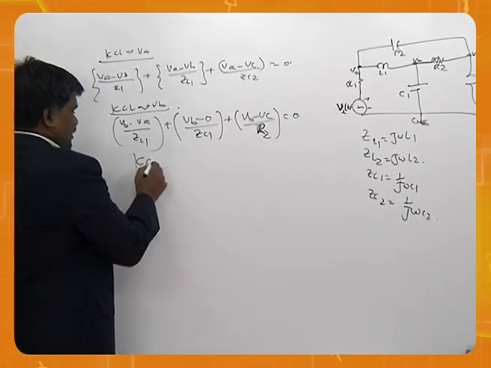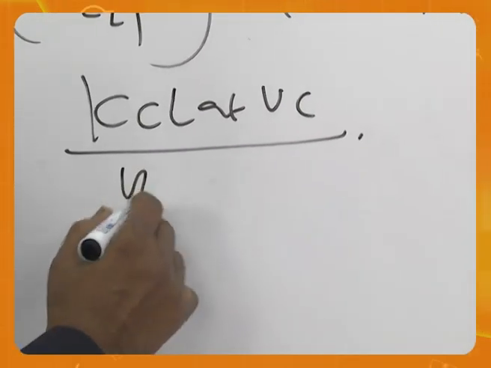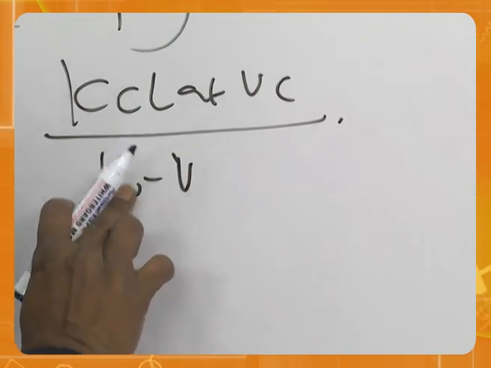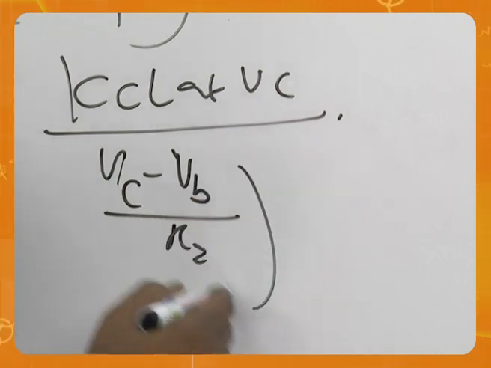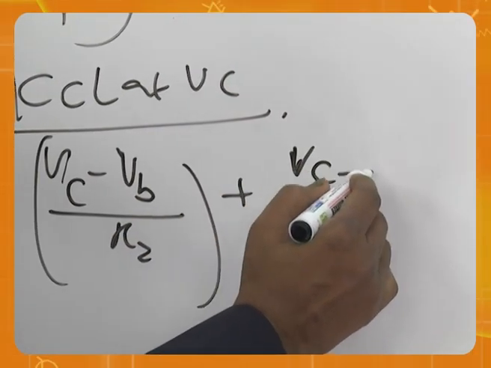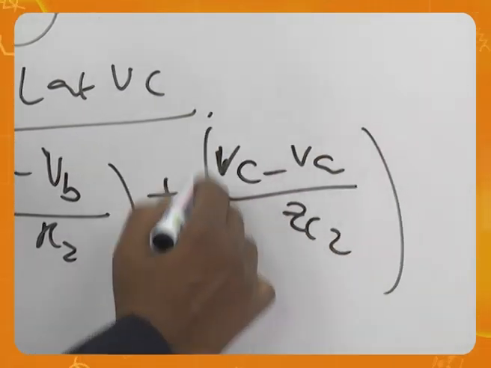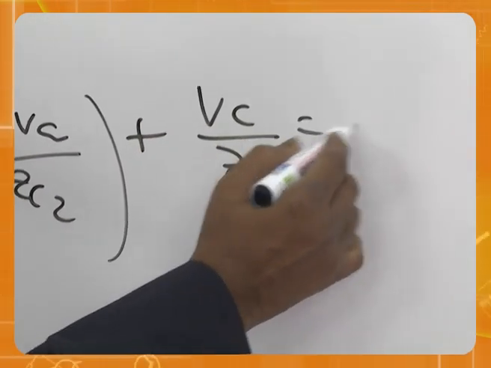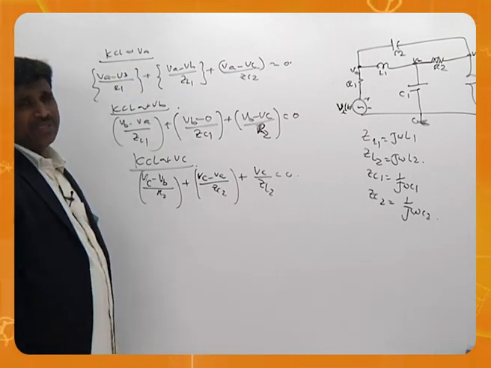Lastly, KCL at VC: VC minus VB by R2, plus VC minus VA by ZC2, plus VC by ZL2, equals 0. So, at every node I have given the equations.